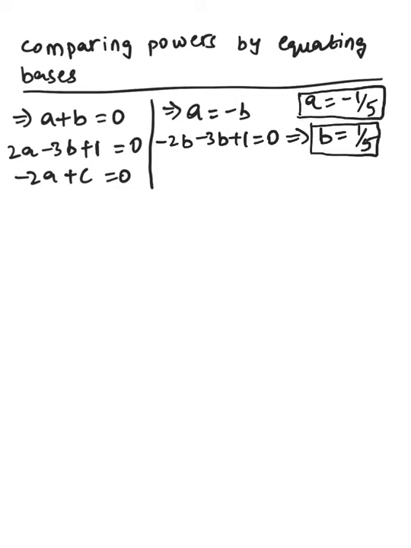Using a and b, if we solve the third equation, we get c is equal to 2a, which implies c is equal to 2 multiplied by minus 1 by 5, which is minus 2 by 5.